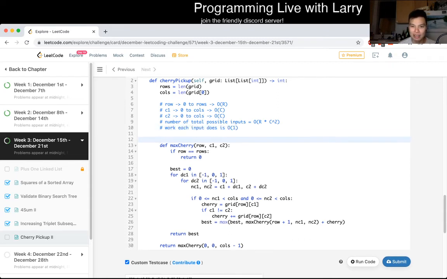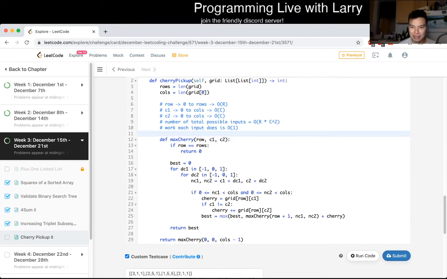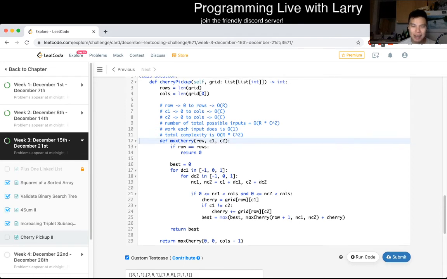So in total, the time complexity is O of R times C squared. And I didn't do the actual dynamic programming part, so the space part doesn't make sense yet. But the space is also going to be the number of possible inputs, because for each possible input, we just store it in something. And then we're going to do that.